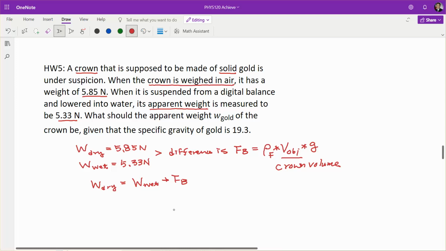It's the total volume of the crown. So we can rewrite this equation by using the buoyancy force and replacing it. So the dry weight will be equal to the wet weight plus rho, V, and g.